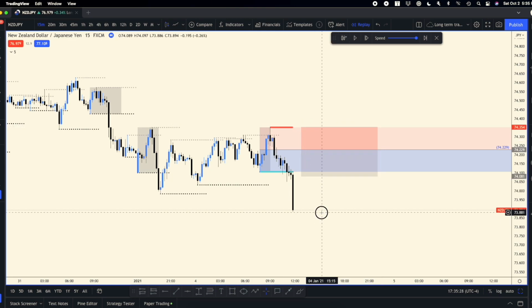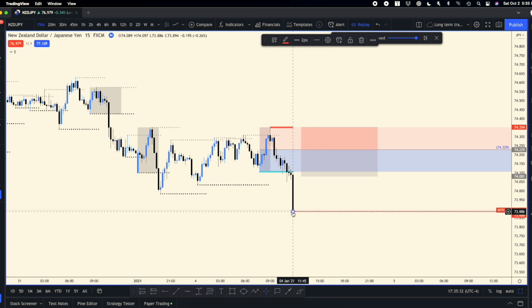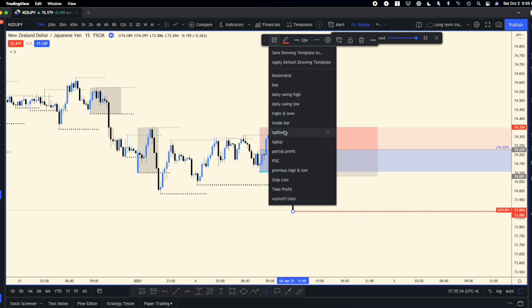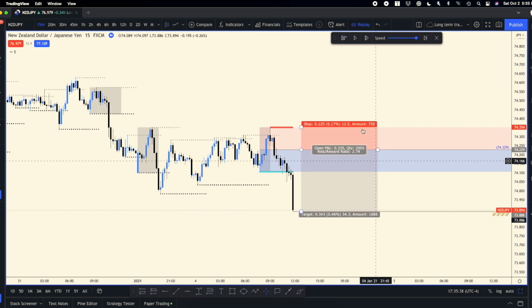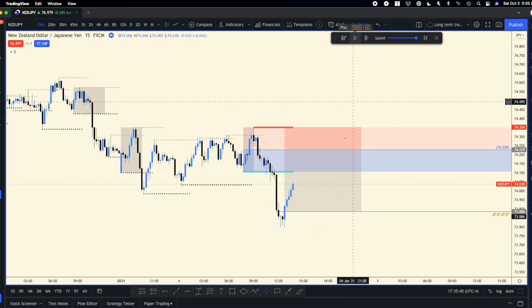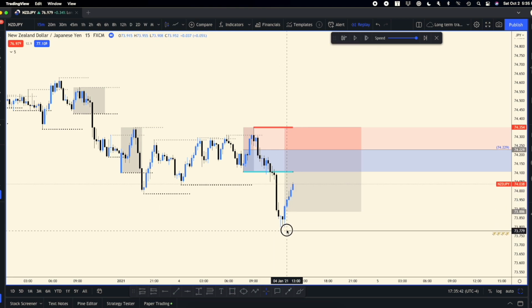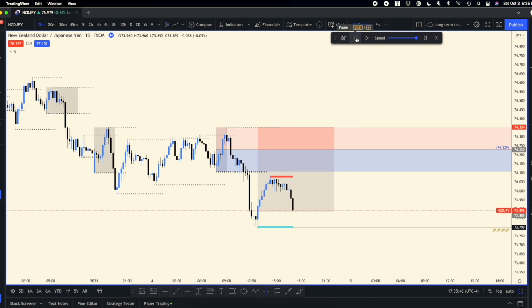Let's do this. This is the lower side liquidity point that we are going to take. Play it out. Okay, it moved. This is the one that we're going to see if we want to take.